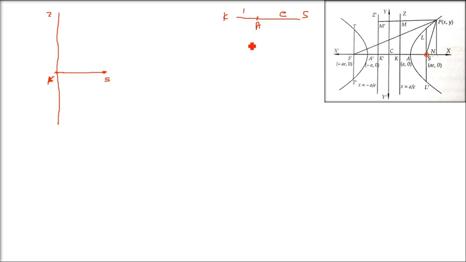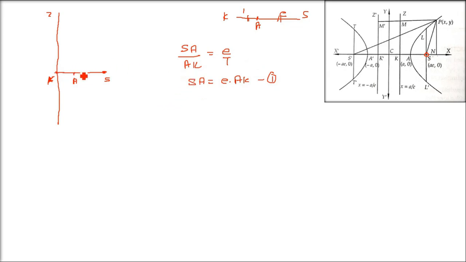So A is dividing this line KS internally, and the point A is internal to the SK line. So SA by AK is equal to e divided by 1. Cross multiply: SA equals e times AK. This is equation number 1. We are going to use it.